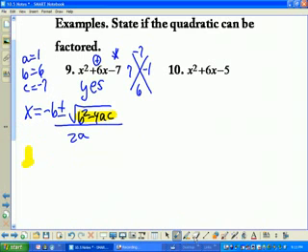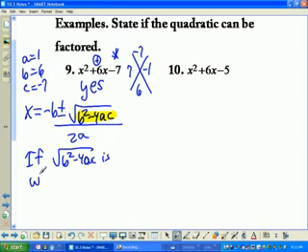Well, I'm going to say, in this case, to make it simpler for you, if the square root of b squared minus 4ac is a whole number, the quadratic can be factored.